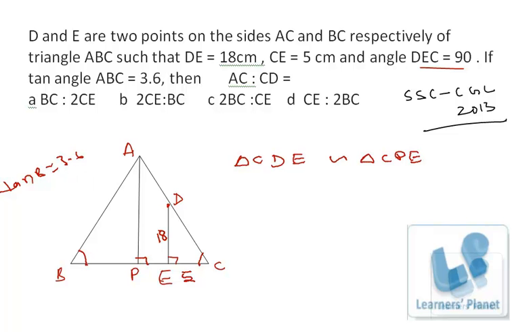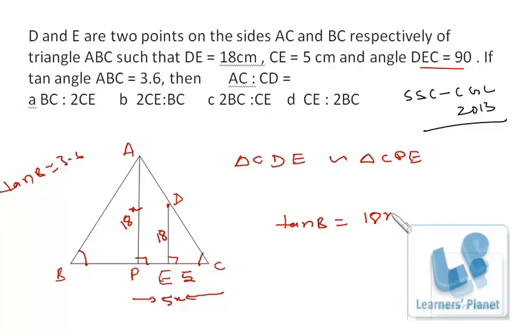Now the sides will be in ratio of both the triangles. So if this is 5, this will be 5x. If this is 18, this will be 18x. And we have to find out the answer in the terms of BC and CE, right? So now say tan B is equal to AP by BP, that is perpendicular by base.